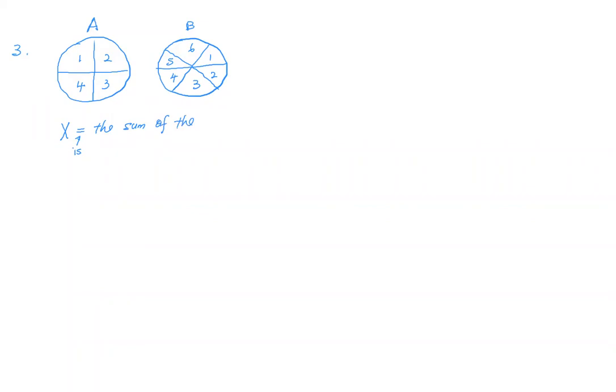The sum of the numbers shown by spinners A and B.